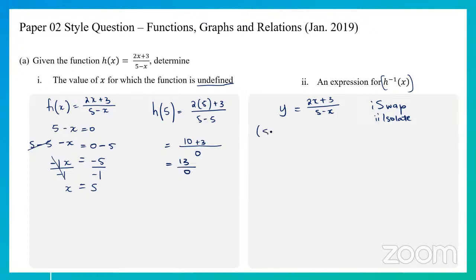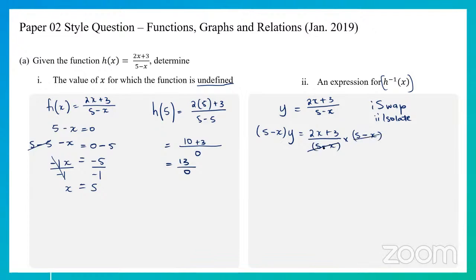And that would be 5 minus x, y equals 2x plus 3 over 5 minus x times 5 minus x. Because I'm multiplying now, we can cancel across.